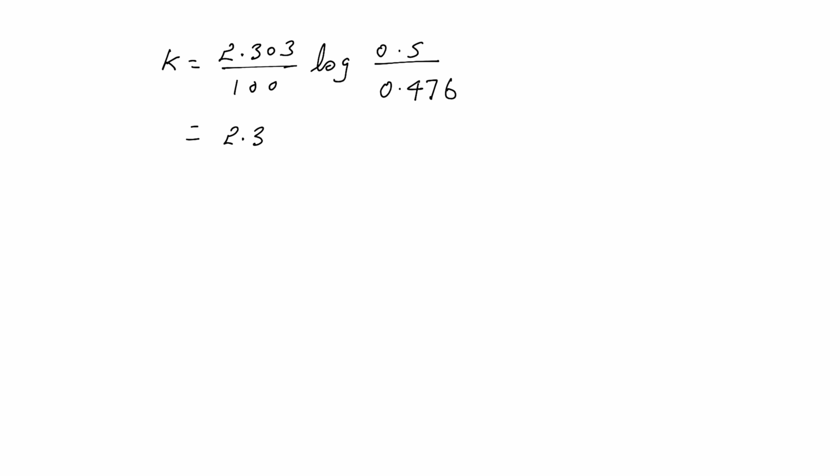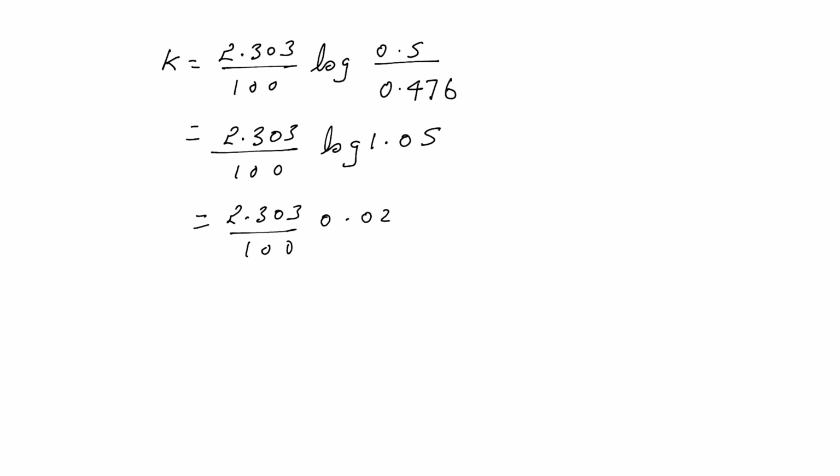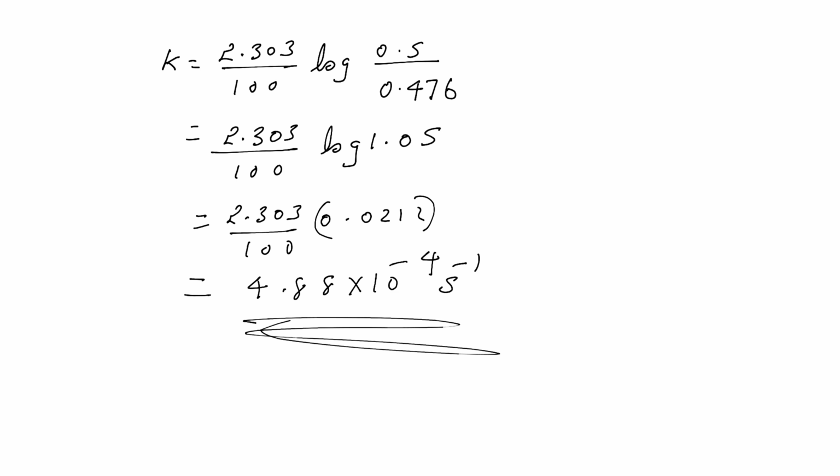Now 2.303 by 100 log, on dividing you will get 1.05. The log value you have to find from the log book, or in the exam they will give the value. So log 1.05 is 0.0212. It is just a matter of multiplication and division. You will get 4.88 into 10 raised to minus 4, and as it is a first order reaction, the unit is second raised to minus 1. Clear, right?